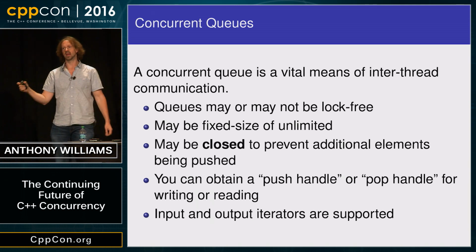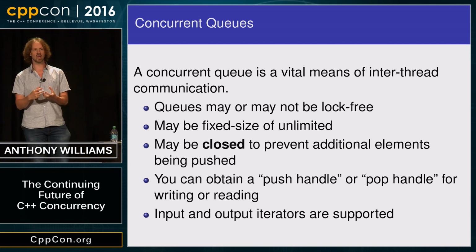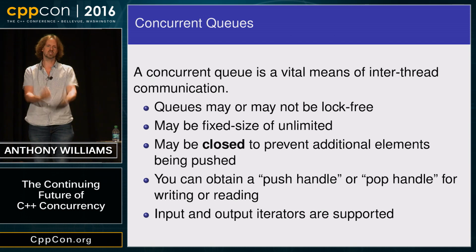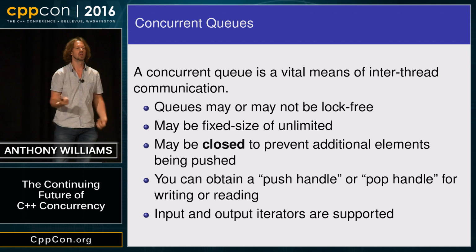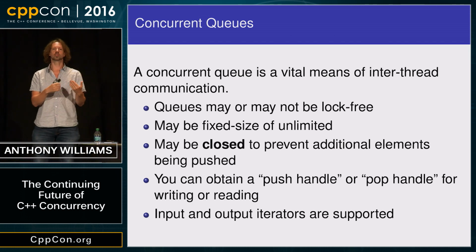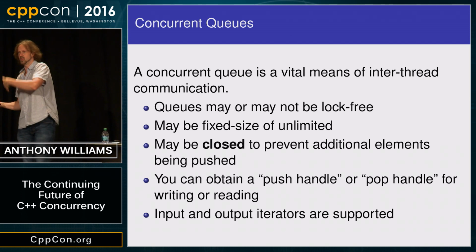The proposal we have at the moment allows you to get a handle to just one end of a queue. So you can have a push handle where you can stick more stuff, and a pop handle for taking stuff that's ready. So rather than passing the queue round, you can pass around these, and that's a means of abstracting it, so it doesn't matter what the concrete type of the queue is.